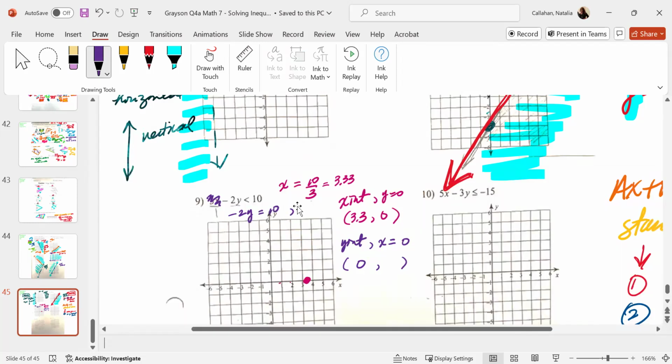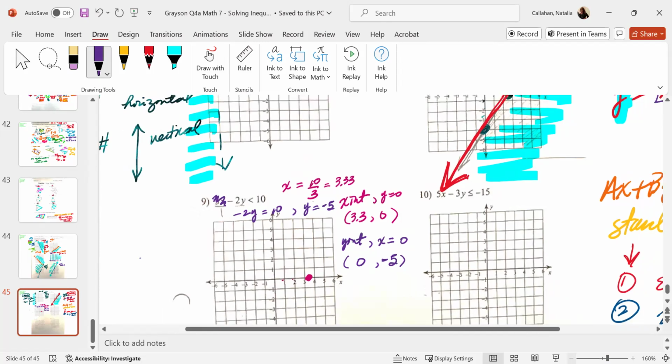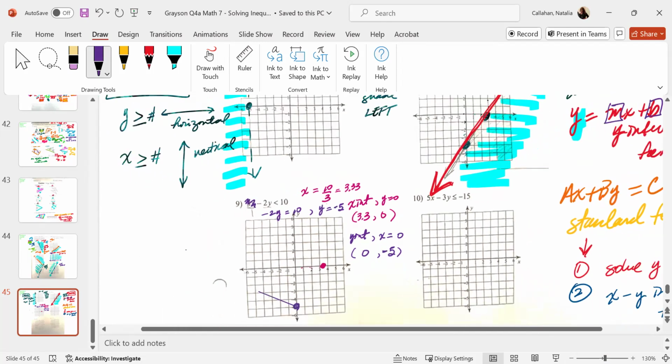And then from here, y is equal to negative 5. Do you see that? So it's a negative 5. So 0, negative 5. Do you see that? Yeah.